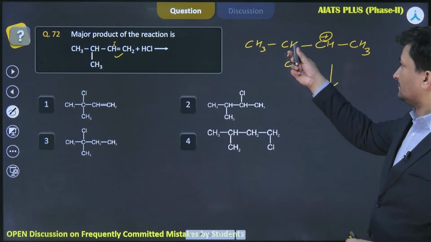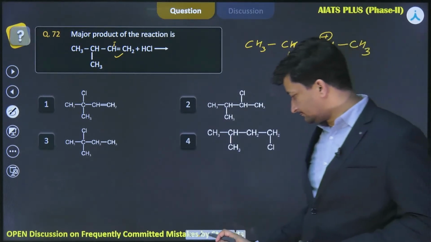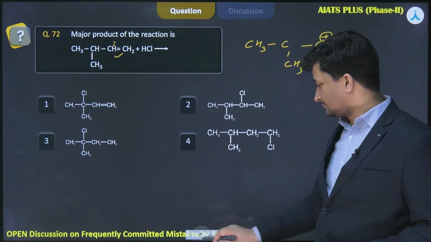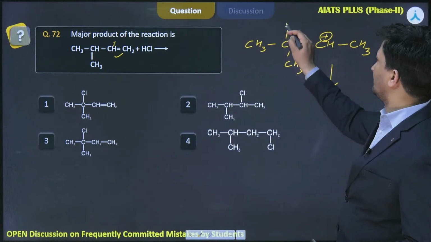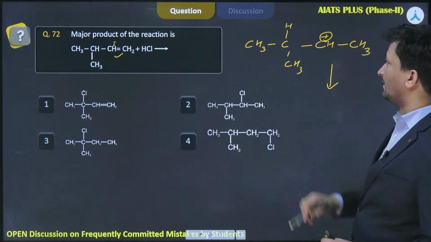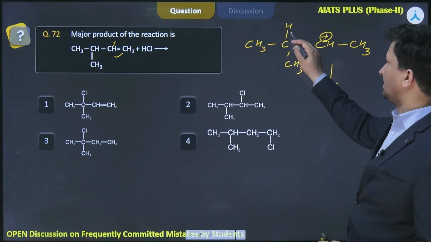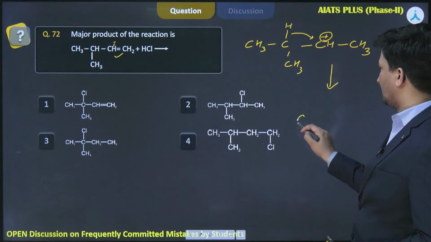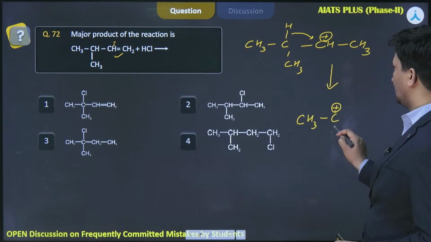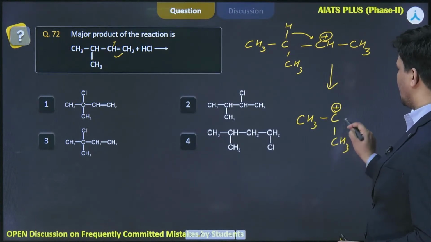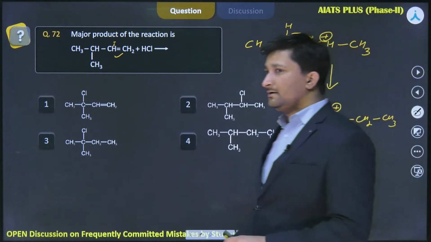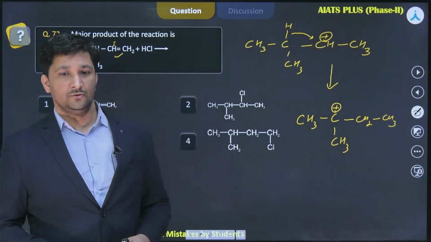This hydrogen which is present here will undergo rearrangement. This H bond will move here, and what we finally obtain is CH3, C, positive, and CH3, again CH2 and CH3. So this will be the major carbocation which we are going to obtain.